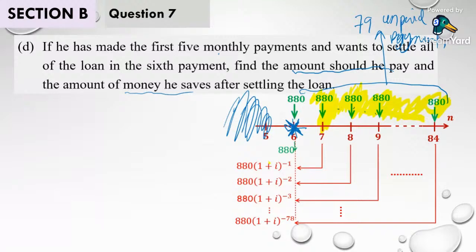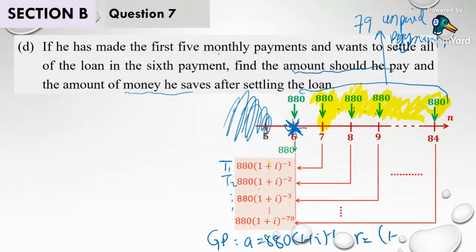Okay, go on. So now, after you're clear about this, you realize that if I consider this part I highlighted in red, I try to calculate using geometric progression. If I call this T1, T2, and so forth, I find out that this is a geometric progression where a is equal to 880(1+i) to the power minus 1, and r is equal to (1+i) to the power minus 1.